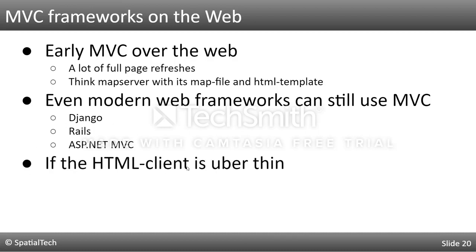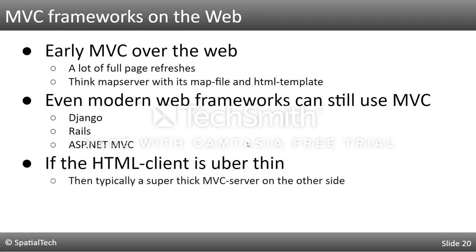So if the HTML client is uber thin, there's hardly anything in it, slightly passive, or not too smart, then you're going to have a super thick, we'll call it microview controller server on the other side, but basically the dominant controller part, where it's figuring out this is what the person said on the web interface, and that kind of thing, recreate the page and send them a new page, and the controller doing that. And it could be the controller logging in to a database and pulling out data and making a new page.